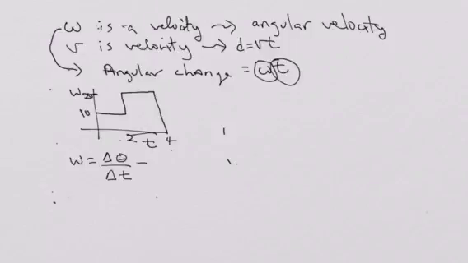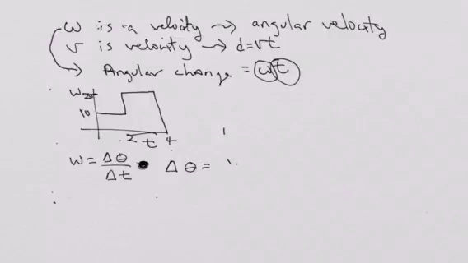What am I interested in here? I'm really interested in what's my change in the angle, because the question is how many revolutions did you go through? I got to wrap this up because we're running out of time for my constraint.